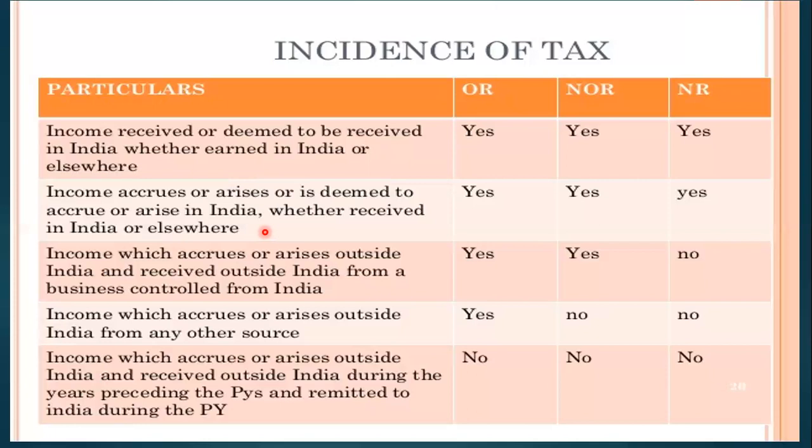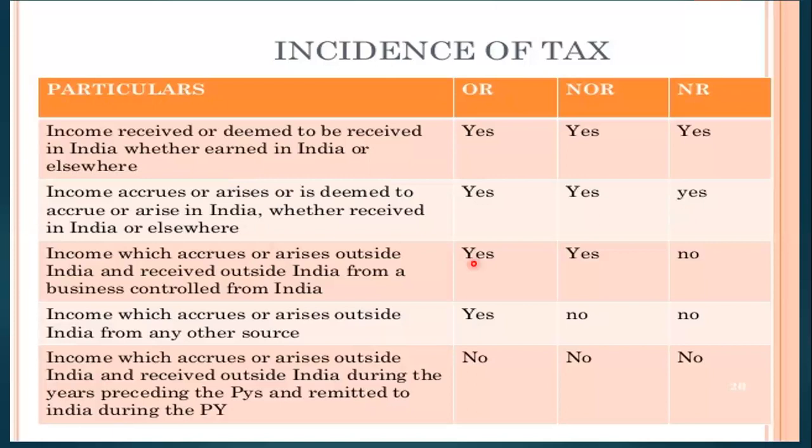Because you are earning it in India, this income will be taxable for ordinary resident, for resident but not ordinary resident, and for non-resident also. Mainly you have to remember that if you are earning in India, it is taxable for all. If you are receiving any income in India, then also it is taxable for all.